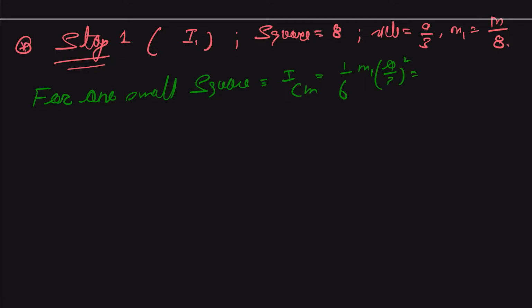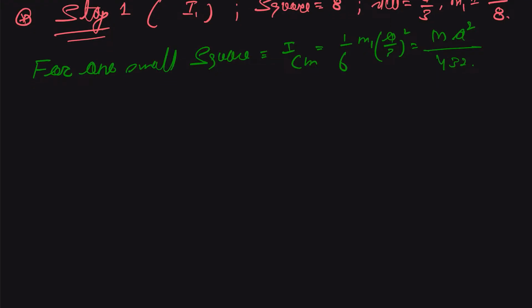M1 is M by 8. So this comes out as M A square by 432. And we have a total of 8 squares, so we can find the total moment of inertia of all the squares.